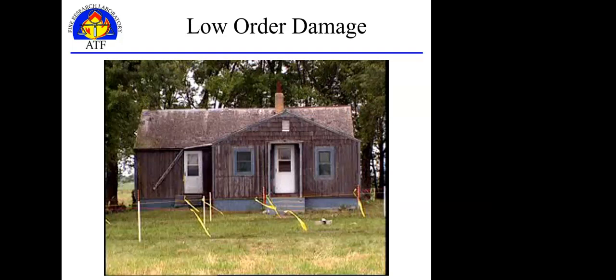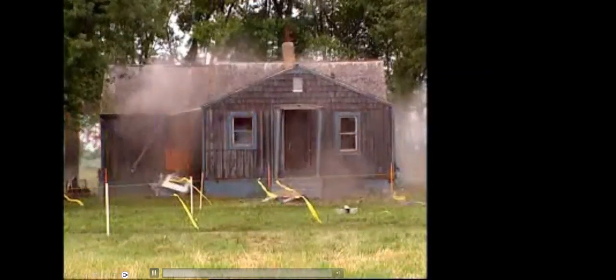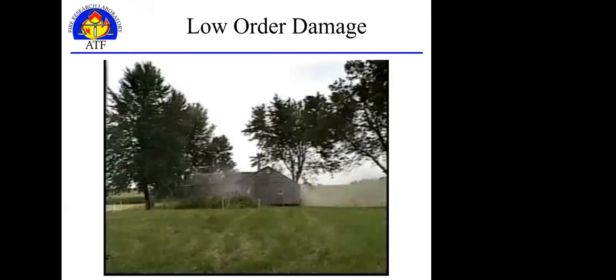So here's just an example of what we would consider low order damage. And you might say, Cameron, that's still a pretty big explosion. Yeah, it is. But if you look, a lot of the walls didn't shatter. They just kind of kicked out at the top or the bottom and peeled away from the structure.